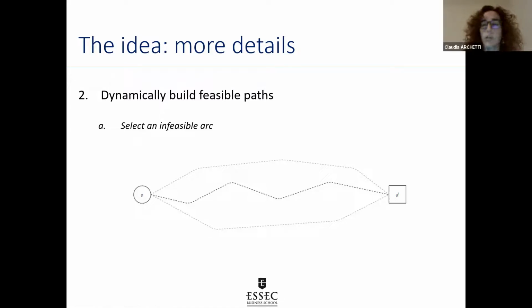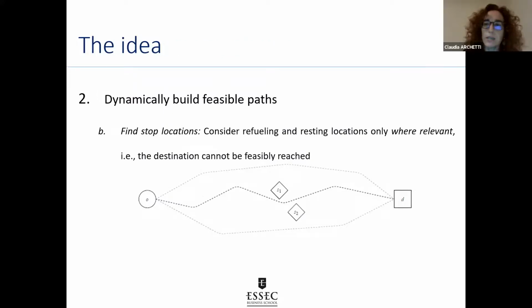If the answer is yes, okay, let's stop. This is a path, and we don't do anything else along it. But if not, it means that when traversing the path, at some point in the middle, we are running out of fuel or driving time. So it means we have to stop.